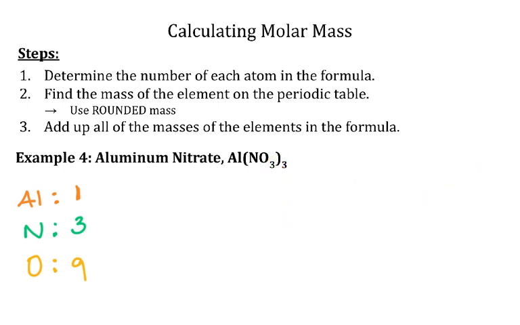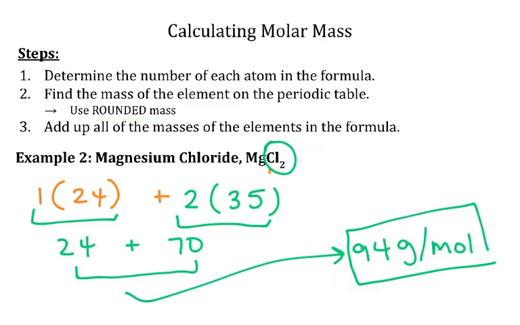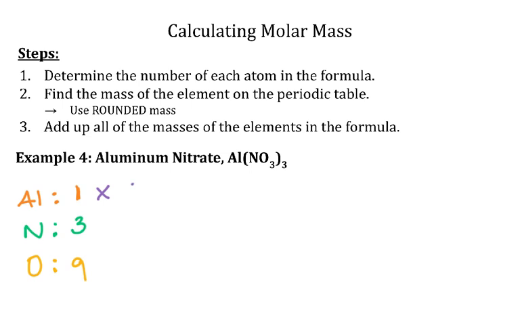Now I'm able to go through and say, okay, aluminum has a mass, and again, I'm going to my periodic table. Over here, aluminum has a mass of 26.98. That's going to round to the nearest whole, so that's 27. Nitrogen is going to have a mass of, going to my periodic table, 14. And each oxygen has a mass of 16. And I can now multiply these and add them up.